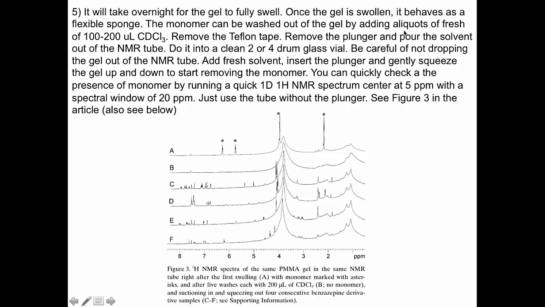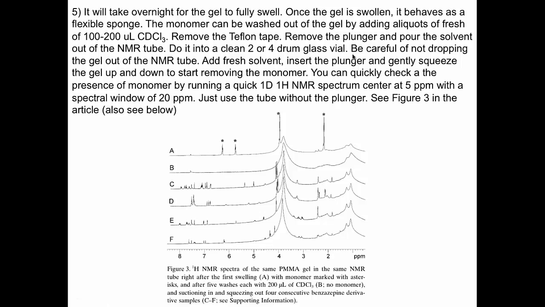And then here it says, once the gel is swollen, it behaves as a flexible sponge. The monomer can be washed out of the gel by adding aliquots of fresh, I would say 100 microliters of CDCl3. Remove the Teflon tape, remove the plunger, and pour the solvent out of the NMR tube. Normally I used to do it into a clean 2 to 4 dram glass vial, because you have to be careful that the gel does not drop onto the floor.